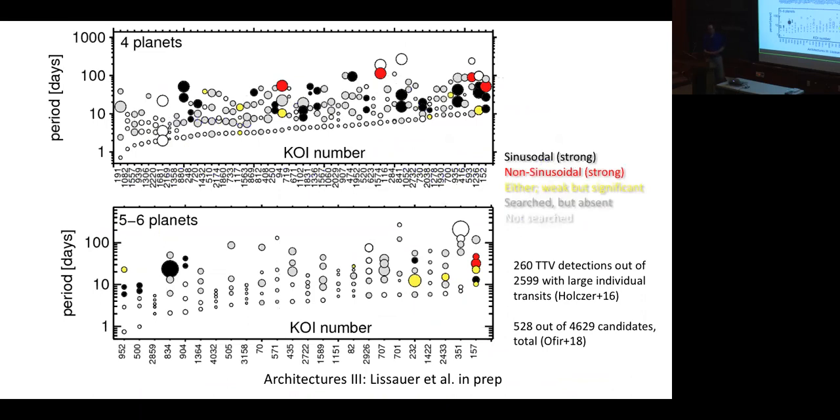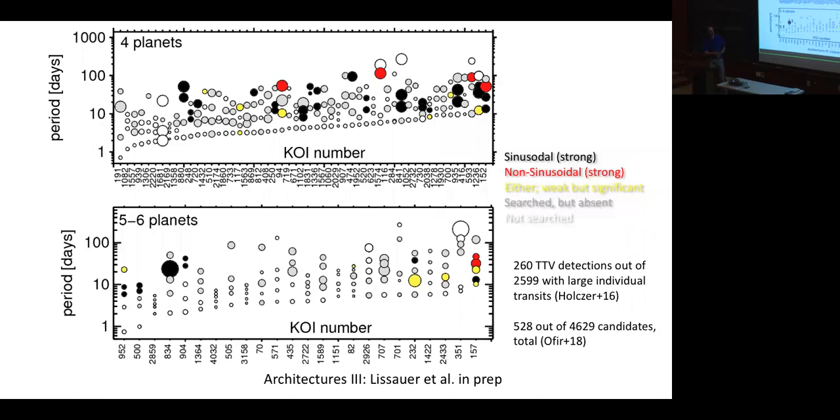One way to see it is to plot up just the 4-planet systems or the 5- and 6-planet systems. This is a paper that's in prep showing the multi-transiting systems. Okay, in black here are the planets that have a strong sinusoidal signal, significantly detected. The red ones are strong but non-sinusoidal.